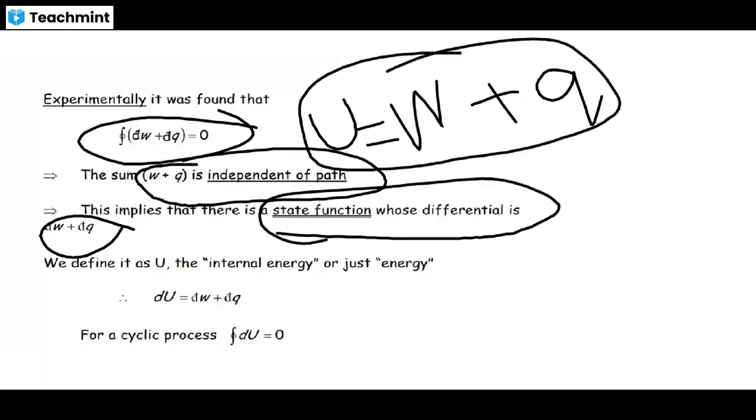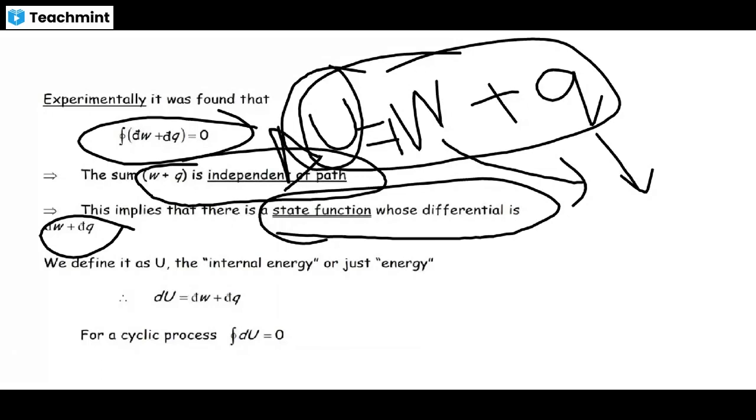First we know only heat and work. We can easily see in regular objects how work happens and how heat happens, but we don't know the internal energy. The sum of heat and work is the internal energy. So dU is equal to dw plus dq.